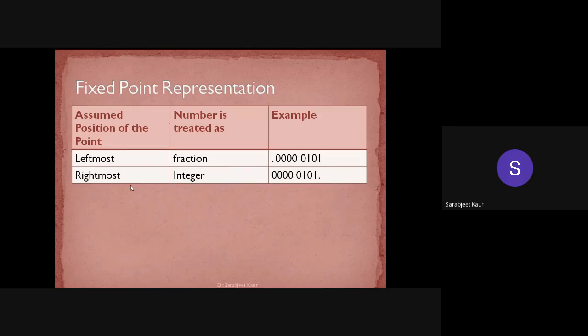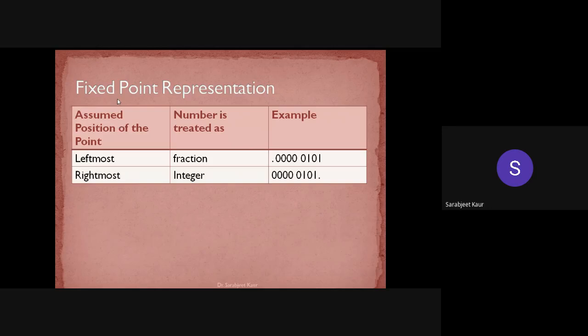What is notable here is that this is not the exact or actual position of the point. That means that we are not physically storing the point anywhere. We are just assuming the position.